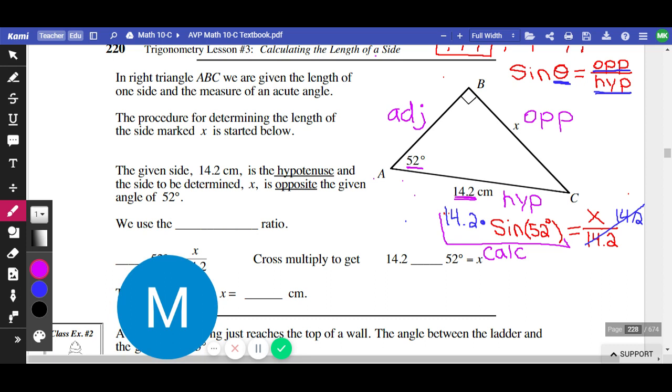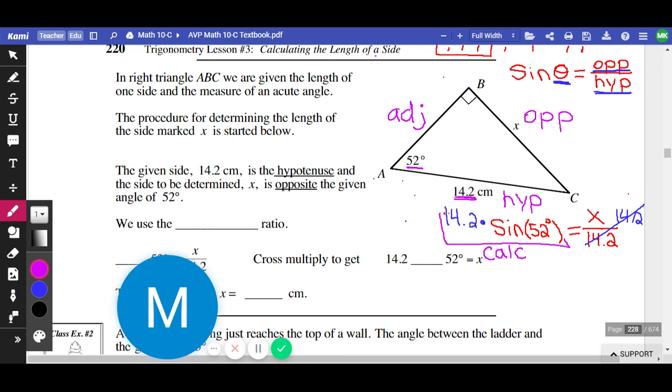Awesome. Using different calculators is sometimes a little different when you do this calculation. For us, with these calculators, you can put it in the exact way you see it. So, if you hit second mode, it'll take you back to the main screen. I can just go 14.2 times sine. Sine is right here in the middle of the calculator.